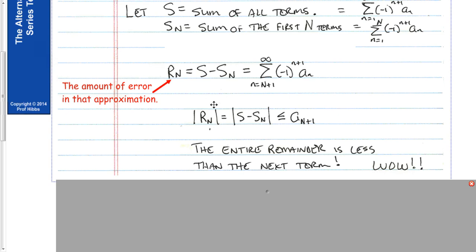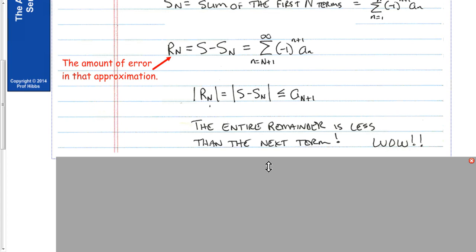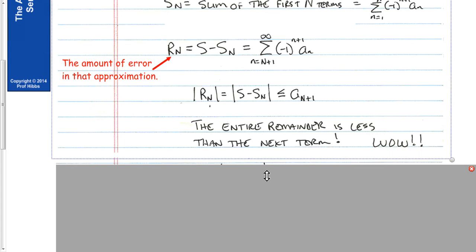So the error is always less than or equal to just the value of the next term in the series, not including the sign.